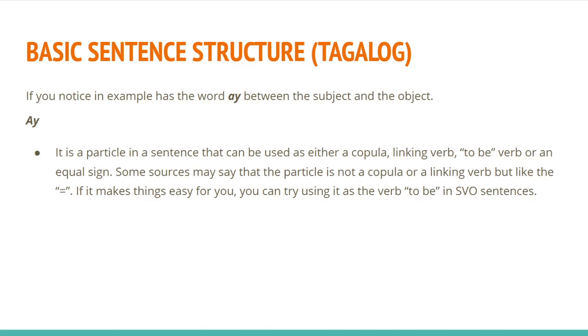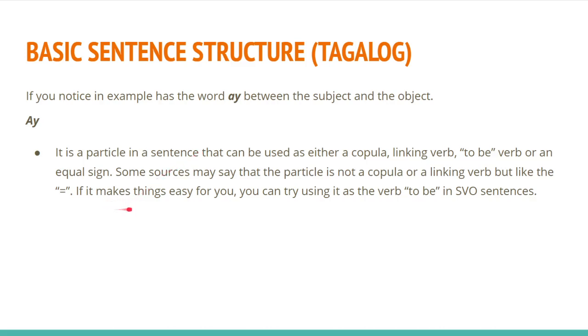The purpose of the linking verb is to connect a noun or a pronoun to make it identify or describe inside the sentence. Like we could identify the subject. For example, "ako ay lalaki." So you will identify this "ako" is a guy. That is the purpose of a linking verb.